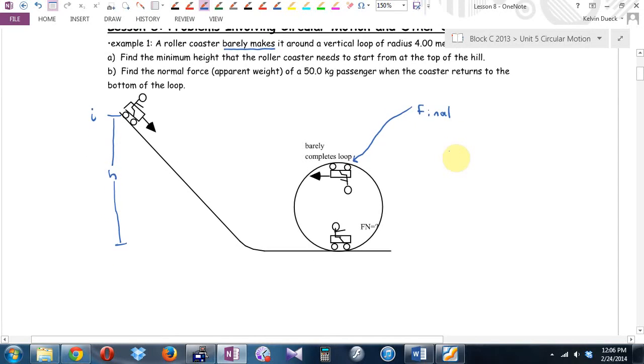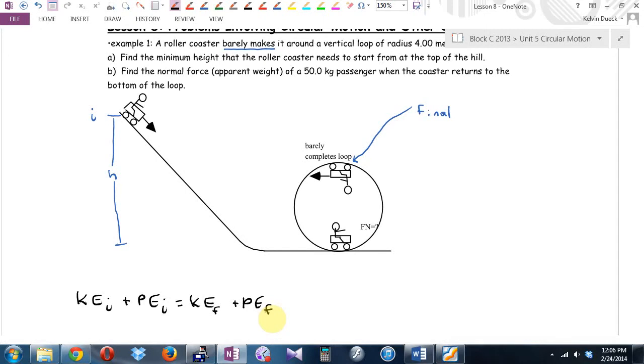I'm going to start out by saying, okay, kinetic energy initial plus potential energy initial equals kinetic energy final plus potential energy final. We'll ignore friction in our magic physics world. Are any of these 0?